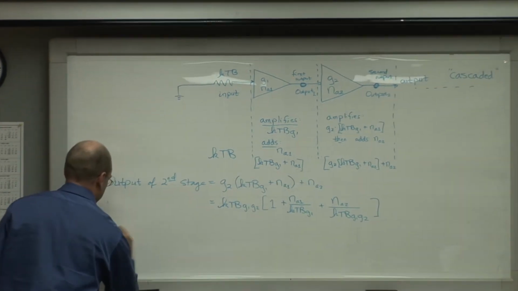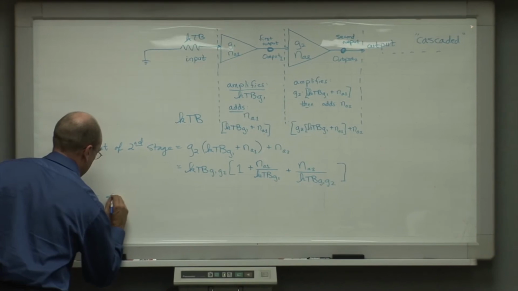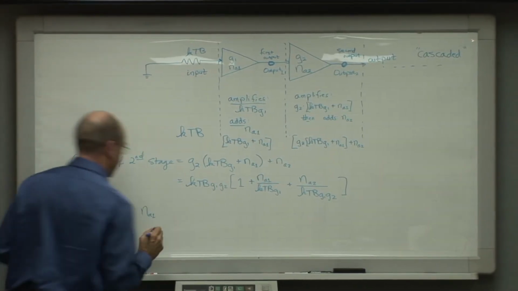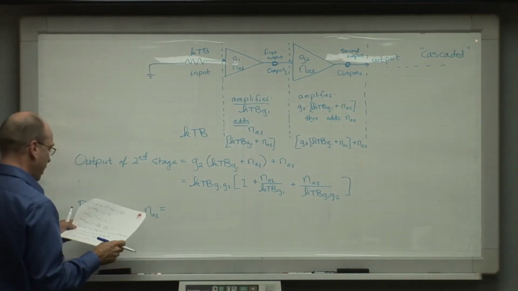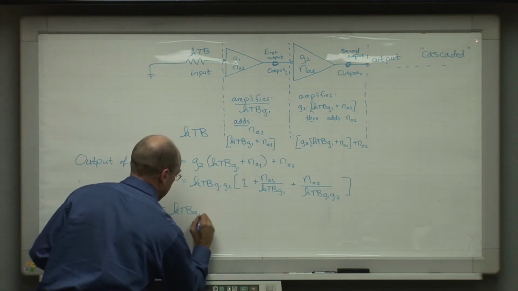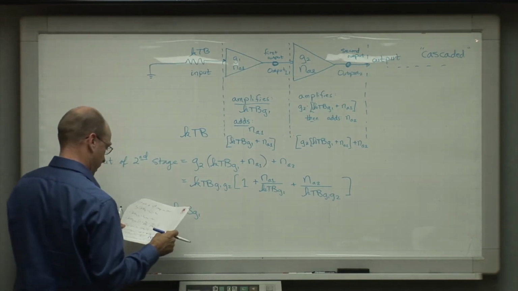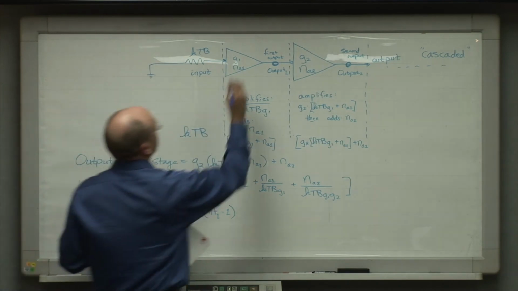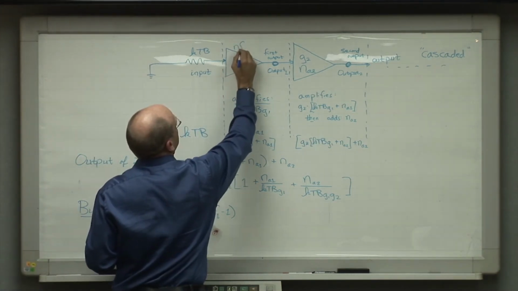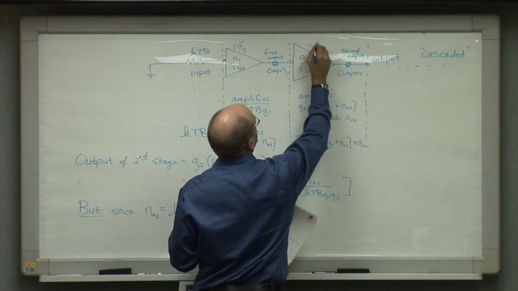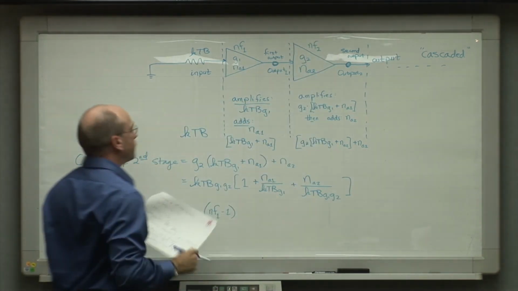Now, if we just do the algebra for the noise added 1, NA1 is equal to KTB G1 times noise figure 1 minus 1. And one thing else I want to note here, this amplifier has a noise figure NF1, and this amplifier has a noise figure NF2.